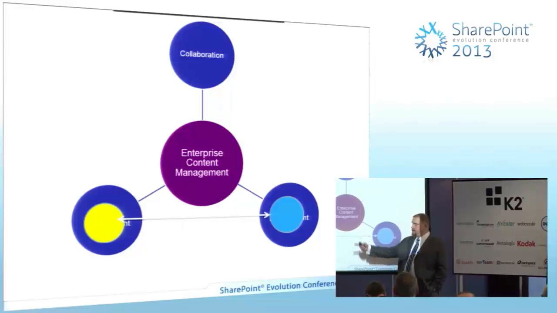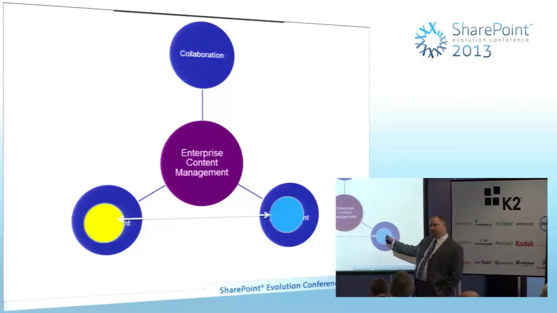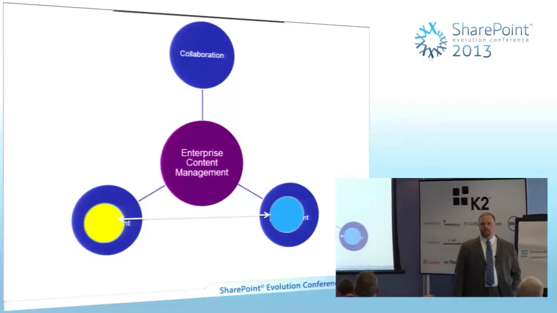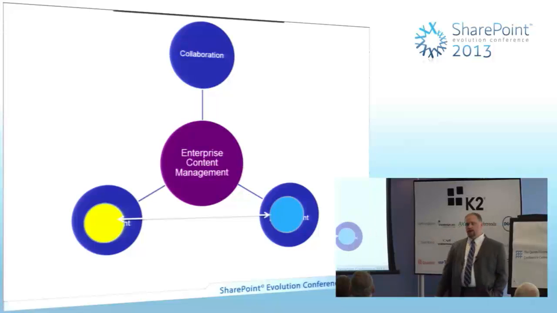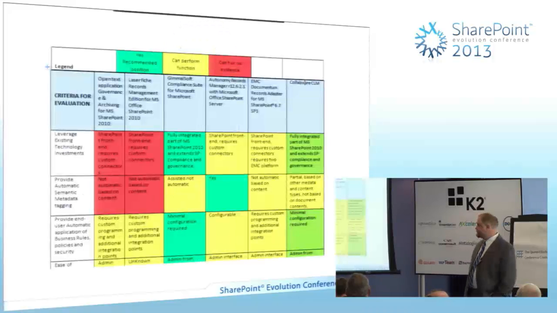A couple of other animations talk about the fact that some content can move portions of it or update information in the risk management section of the triangle. And it can bounce back and forth between collaboration and structured content, but that's when you start getting into information structures that are more complex than just one file.